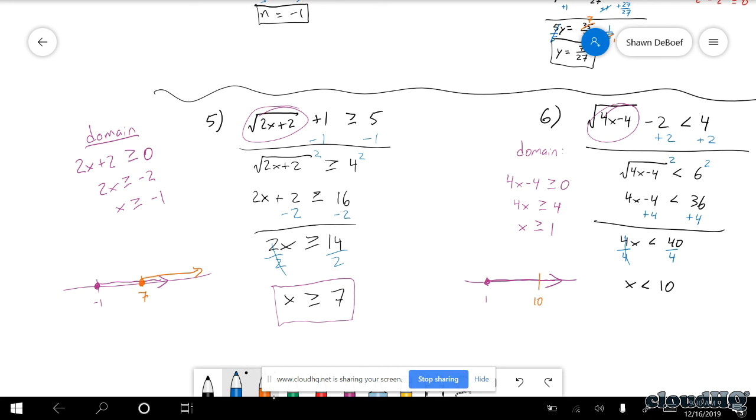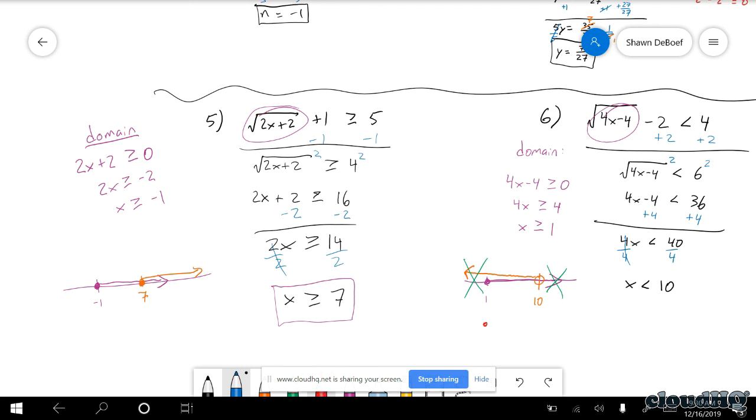So 10 would be over here, and we're saying an open interval and go less. Well, it's okay. All of that works until I get to 1. Anything to the left of 1 no longer is in the domain, and so we have to throw that out. So to synthesize this, everything over there doesn't work. Anything to the right of 10 doesn't work, so it had to be in between those two.